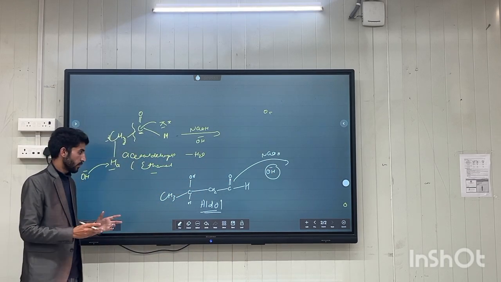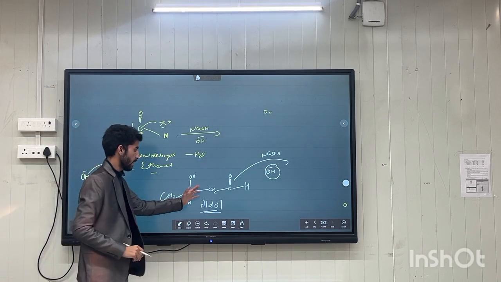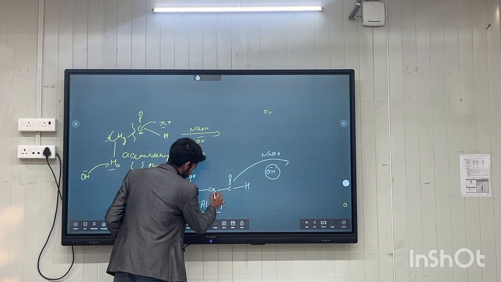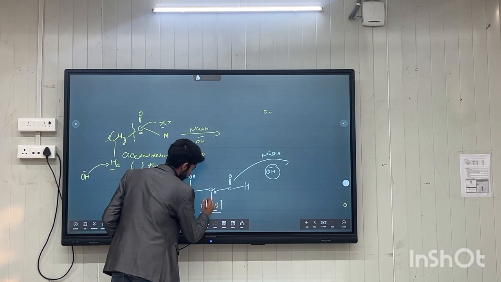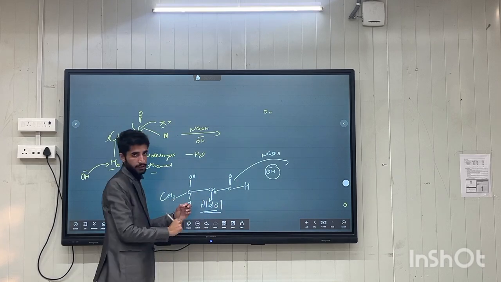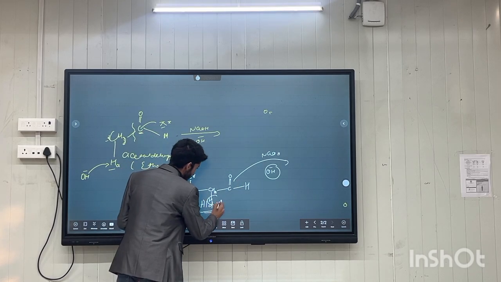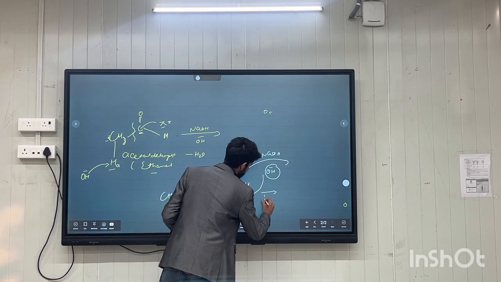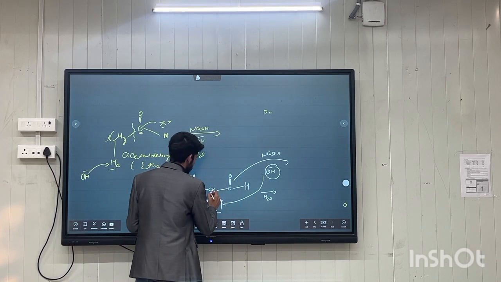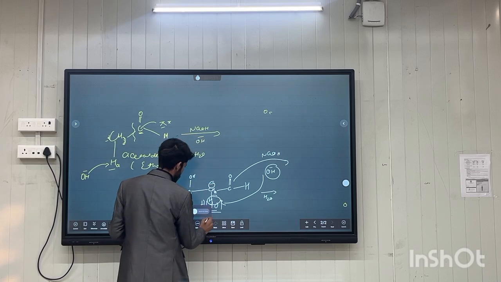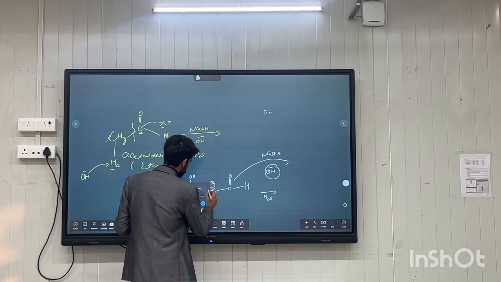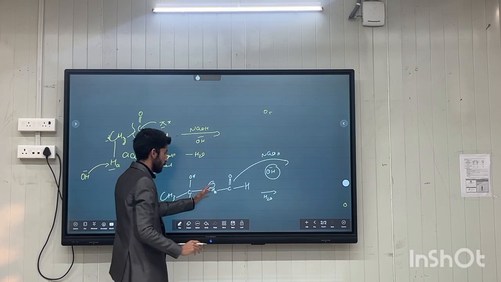Okay, there is again a most acidic hydrogen over here, so this is CH2, and if I write it as C, H and H over here, this will again react with the hydroxide at the most acidic hydrogen, and we'll get the water molecule out from here, and there will be a negative charge on this carbon atom. Let me erase this thing now. Okay, so we'll get the negative charge on this carbon atom.